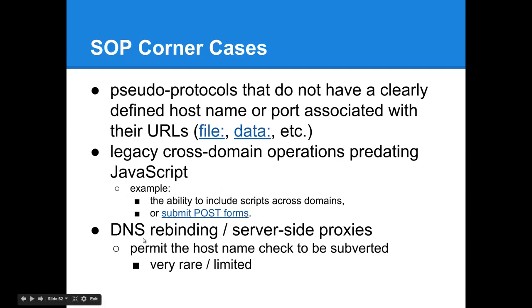DNS rebinding and other server-side proxies tamper with the SOP identity, or otherwise the identity of an origin, but this is very rare and limited. The outcome here is that if the server-side proxy masks, say, an entire data center, and there's like 100 websites, they're all going to share the same domain potentially.